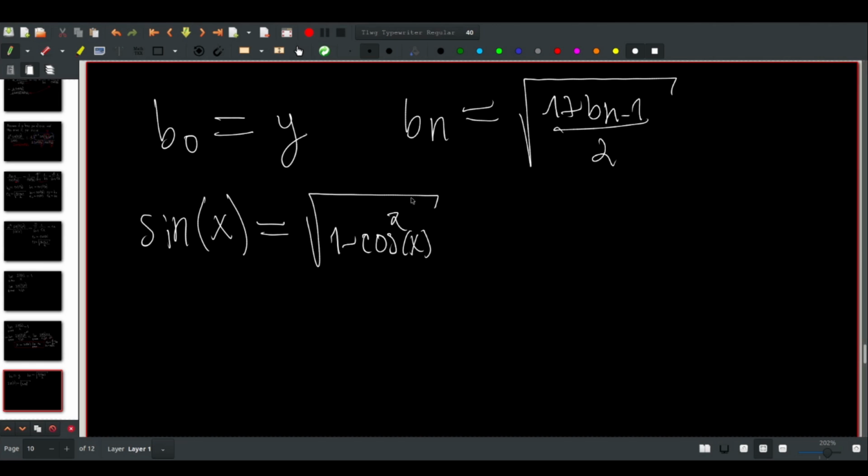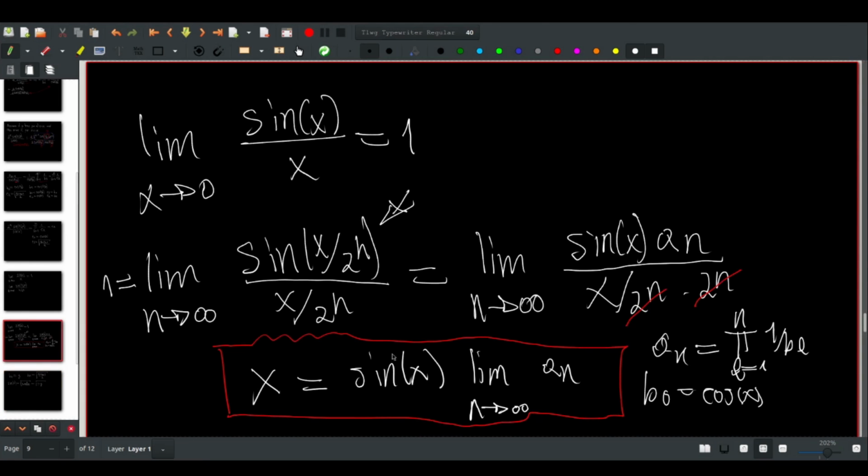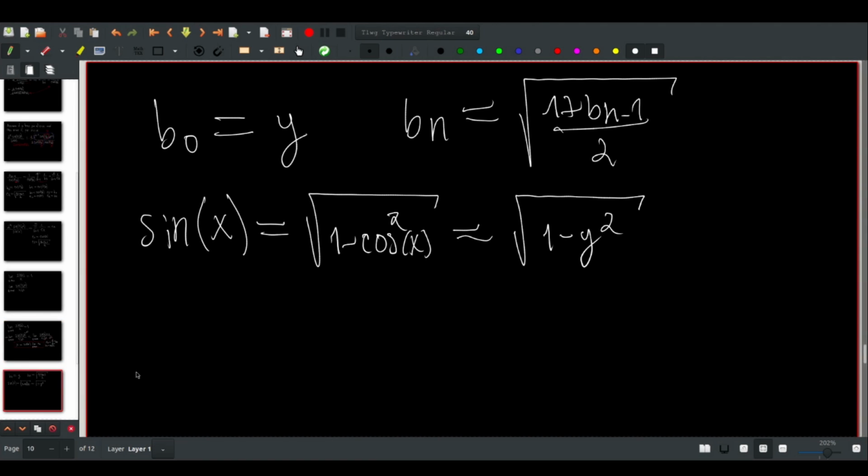And since I'm calling that cosine y, this is going to be the square root of 1 minus y squared. So that gives us a rule for this sine that I have here. But also the x on the left hand side is now actually arc cosine of y.